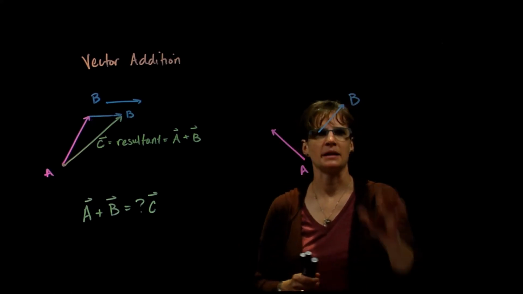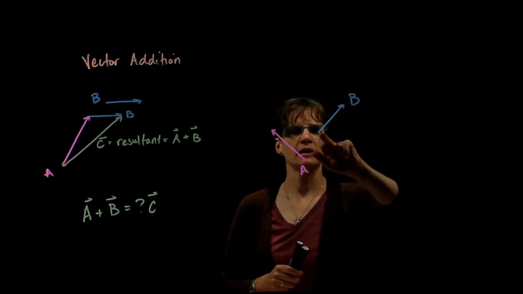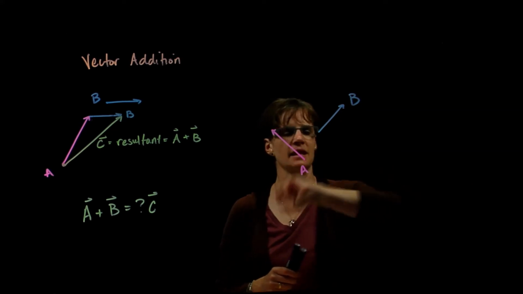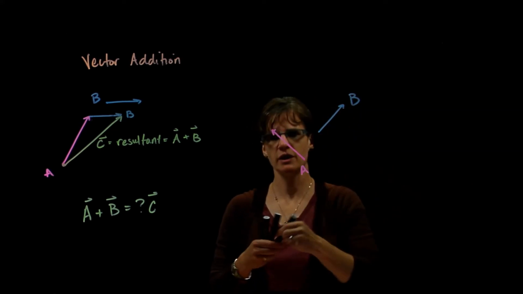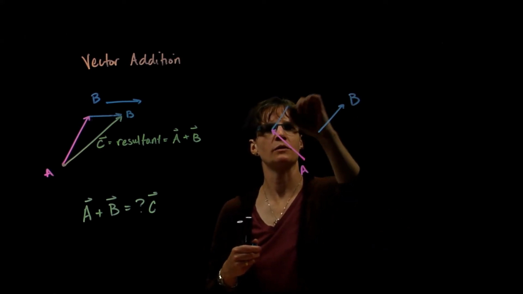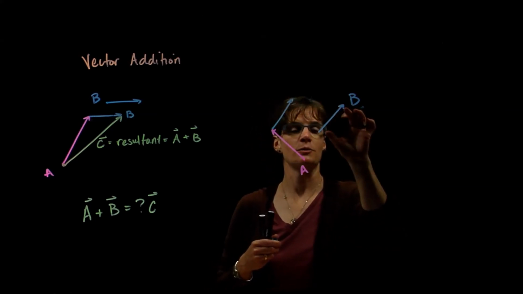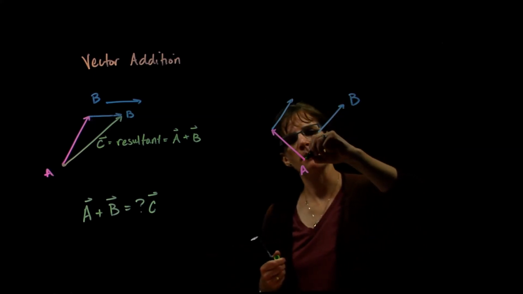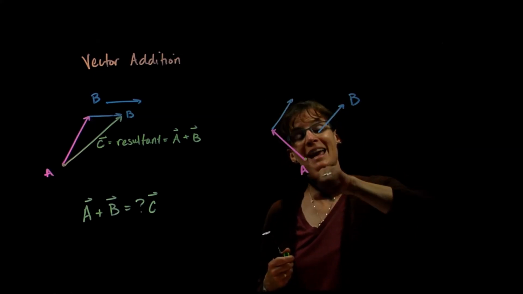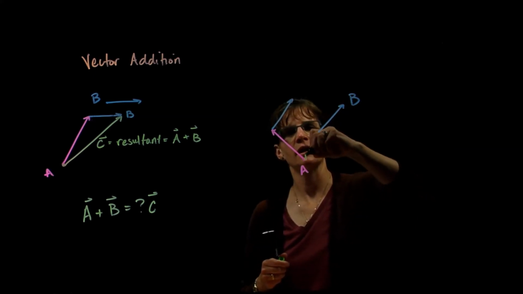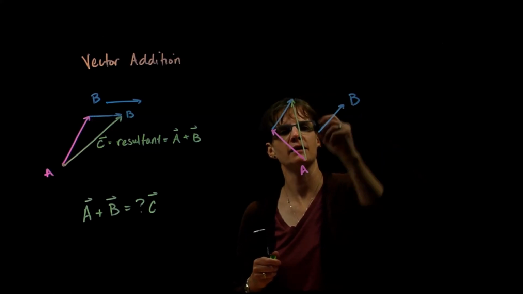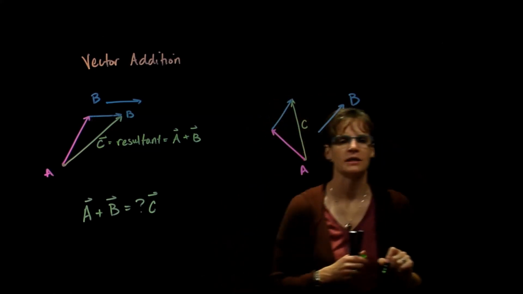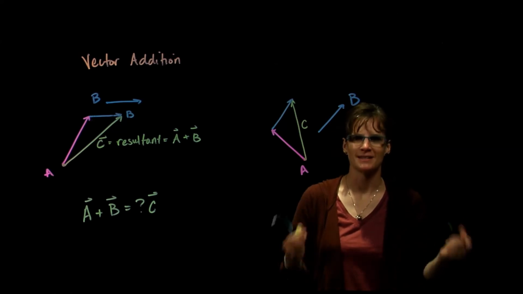Well, I'm going to take the tail of vector B and connect it to the head of vector A. I shift it over here, move it around as long as I keep the same direction and amplitude. Then from the tail of vector A, I can draw a straight line to the head of vector B to get my resultant vector C.